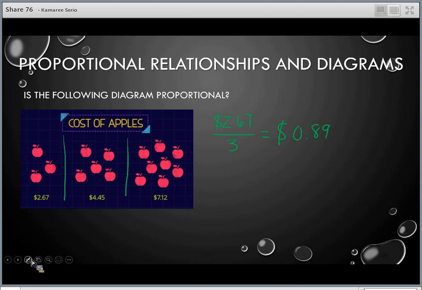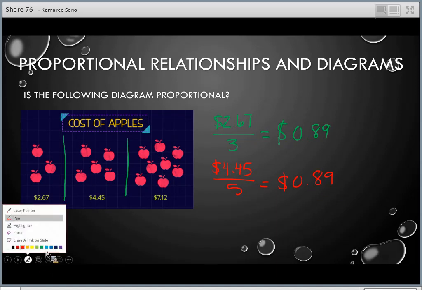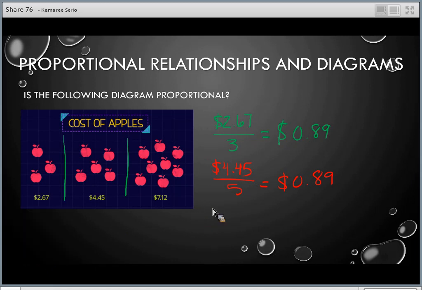Okay, let's do the second one. This is 5 apples for $4.45. Okay, for 5 apples. So let's divide it. Divided by 5, which means that this is also 89 cents per apple. Now let's double check that last one before we say yes, it is.